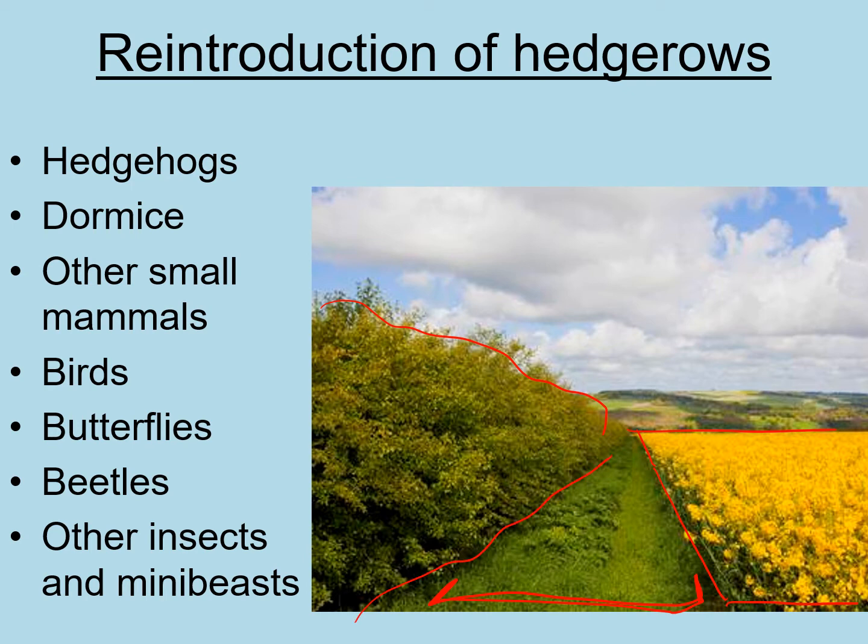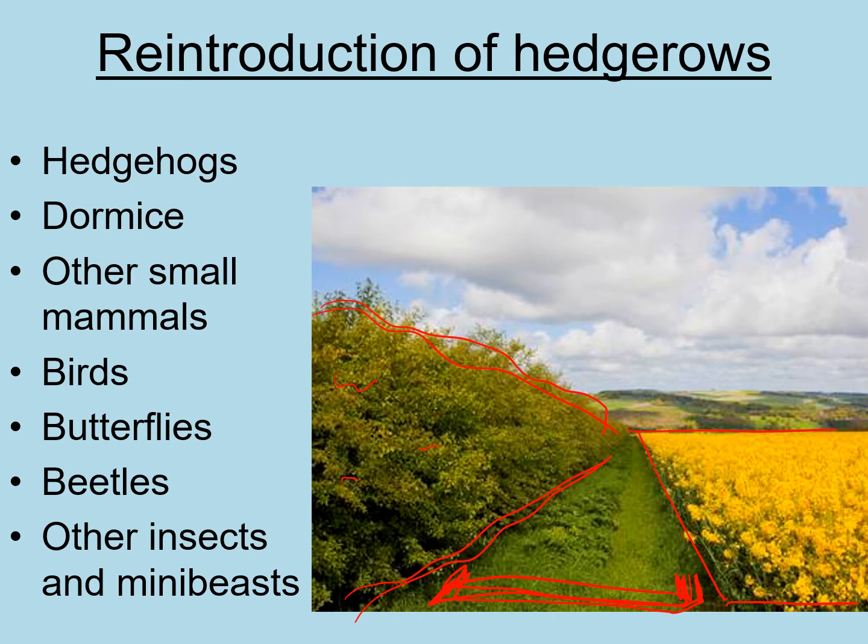And just by the farmer sacrificing this border here, by sacrificing this amount of land and by planting hedgerows instead of having stone walls or fences, it really increases the biodiversity in the countryside. So the sort of animals and organisms that live in hedgerows, you've got things like hedgehogs, of course, dormice, other small mammals, things like rabbits, squirrels, whatever else. Birds and so forth, sparrows and things would like to build their nests in here deep inside the hedge.